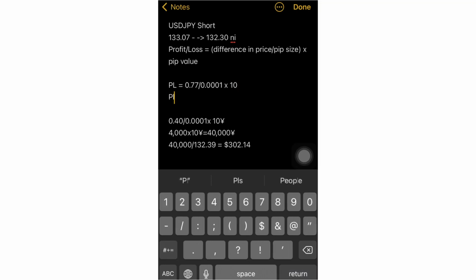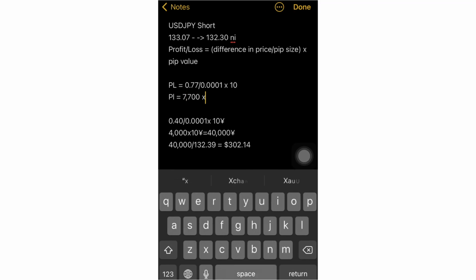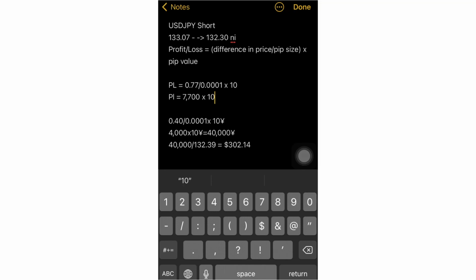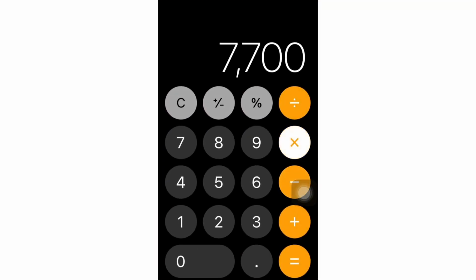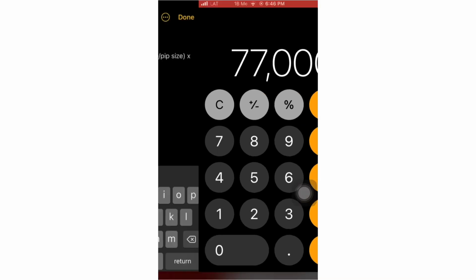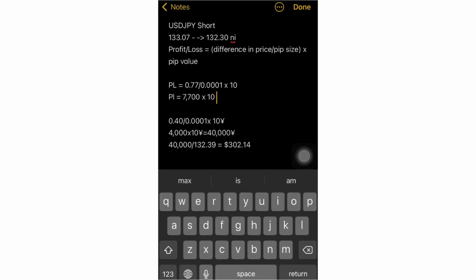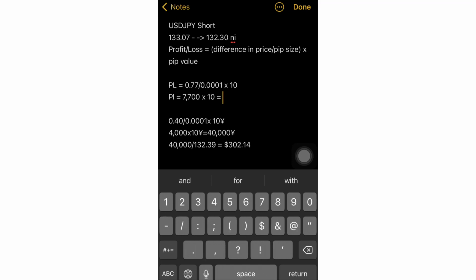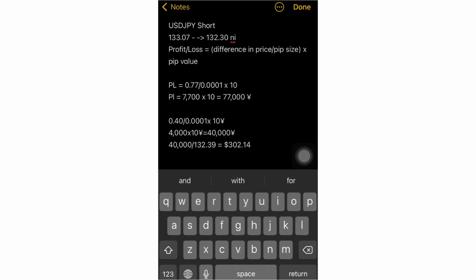P/L equals 7,700 times 10, and we have 77,000. This is in Japanese yen. If that trade goes in my favor, I'm going to have 77,000 Japanese yen as profit.